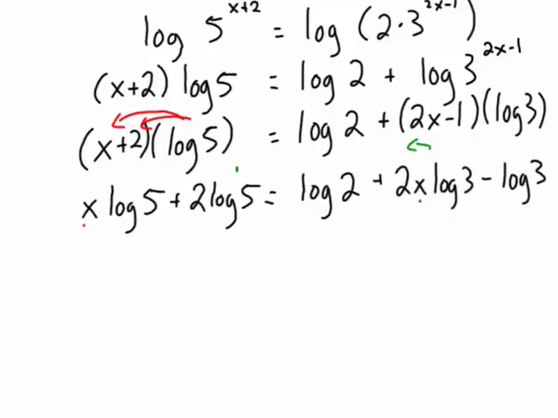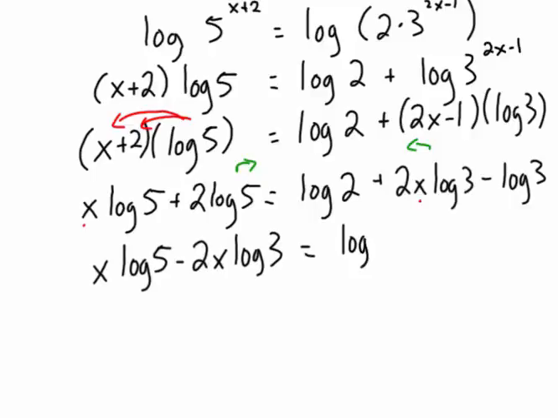Of course, that'll force the non-variable log to the other side, and in the end we get x log 5 minus 2x log 3 is equal to log 2 minus log 3 minus 2 log 5. All the logarithms with variables are on one side, and all the logarithms without are on the other.